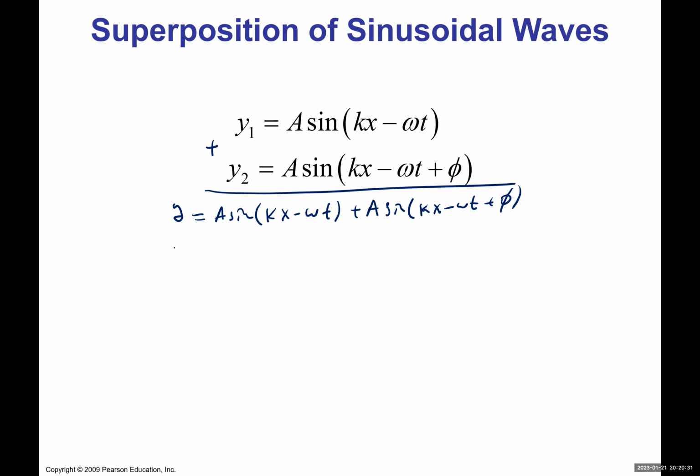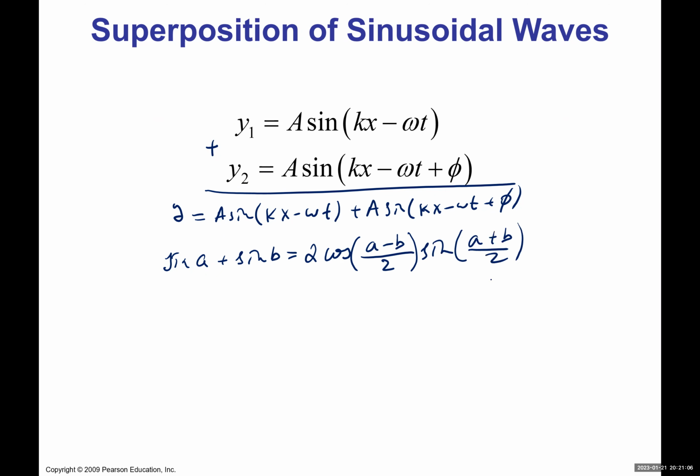We have this particular trig identity, where sine of A plus sine of B equals 2 cosine of (A minus B) over 2, where A is the argument of the first sine function and B is the argument of the second sine function, times sine of (A plus B) over 2. That's just a general rule. You learn this in trigonometry class.